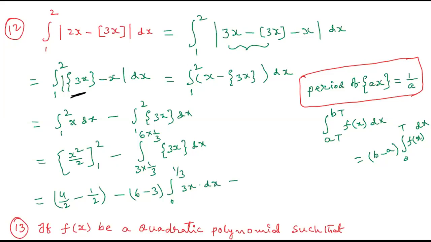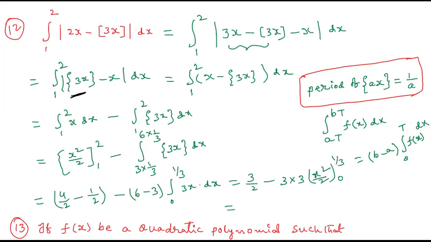So 4 by 2 minus 1 by 2 is 3 by 2, minus 6 minus 3, which is 3, and one more 3 is there, take it outside: 3 times integration of x dx, x square by 2, with the limits 0 to 1 by 3.